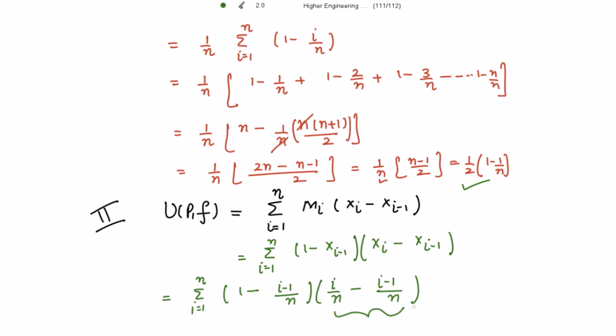When solving this we get i minus i plus 1 divided by n, that is 1 by n. So this is equal to the summation i going from 1 to n of 1 minus (i minus 1) divided by n, into 1 by n.